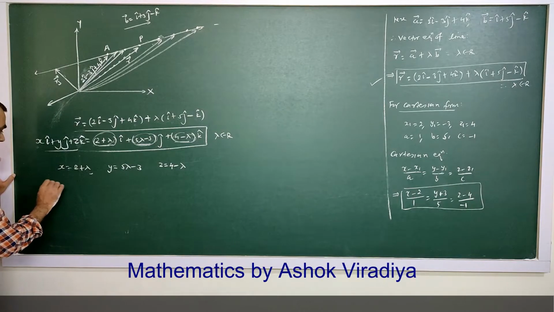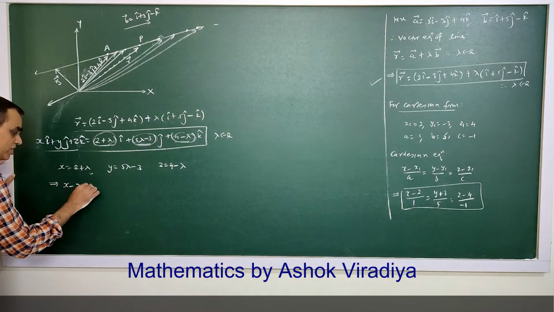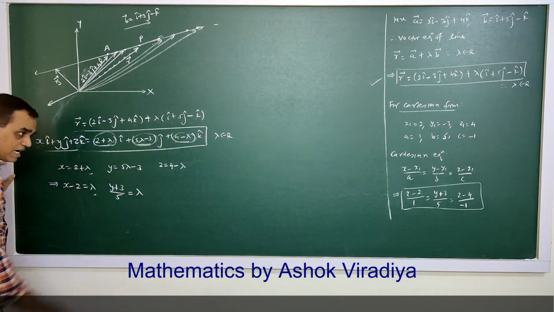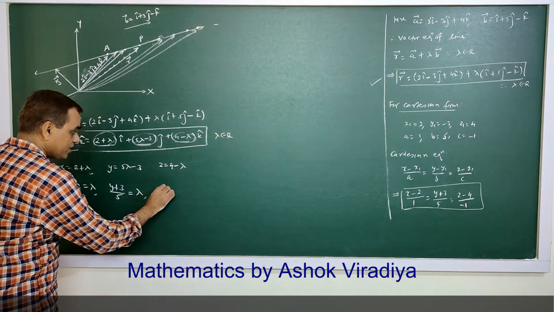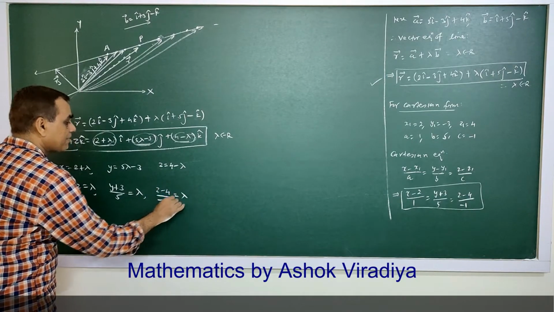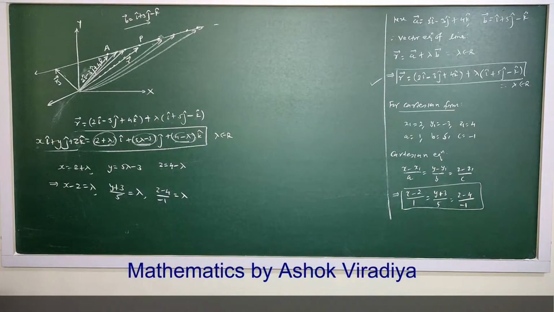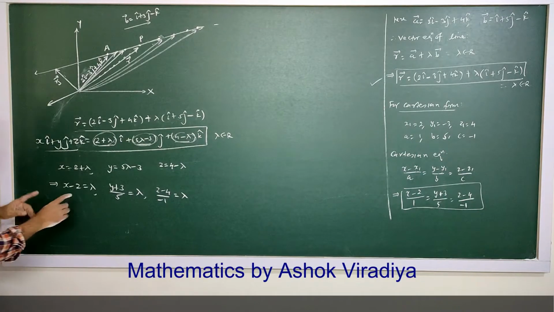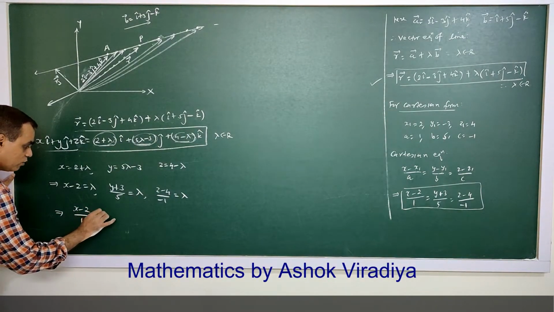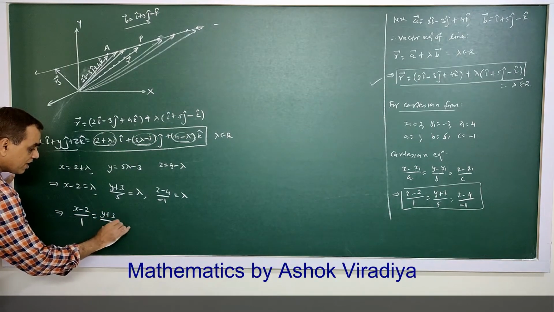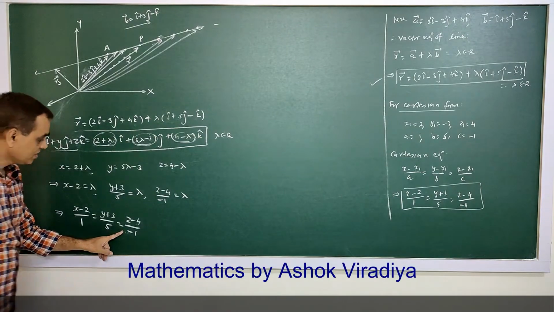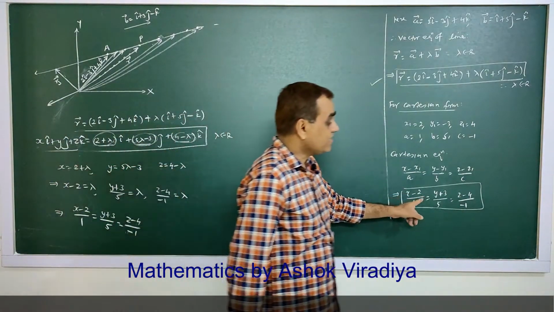So that means x minus 2 is lambda, y plus 3 by 5 is lambda, z minus 4 by minus 1 is lambda. Now comparing this lambda, you can see that x minus 2 by 1 equal to y plus 3 by 5 equal to z minus 4 by minus 1, which is the Cartesian equation.